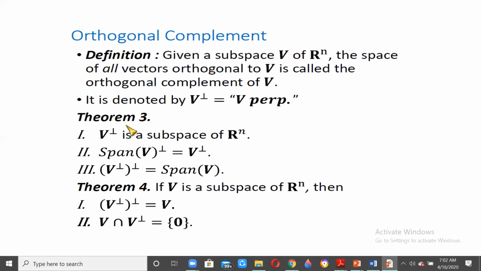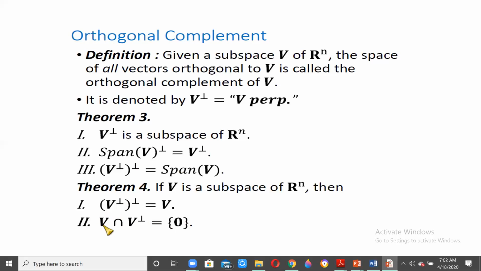Here we have some theorems: V perpendicular is a subset of R to the power n, and the intersection of V and V perpendicular is the zero vector.